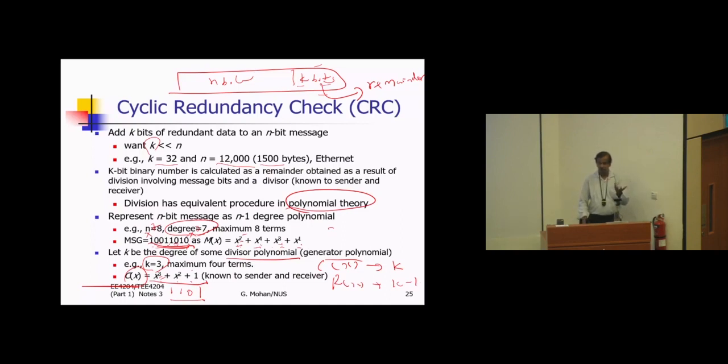So when you divide a polynomial by another polynomial with degree k, the degree of the remainder polynomial will be k minus 1. It cannot be k, right? Because when you divide by x cube plus x square plus 1, the remainder will start from x square. It cannot start from x cube or x power 4. Is that fine? That's what it says.